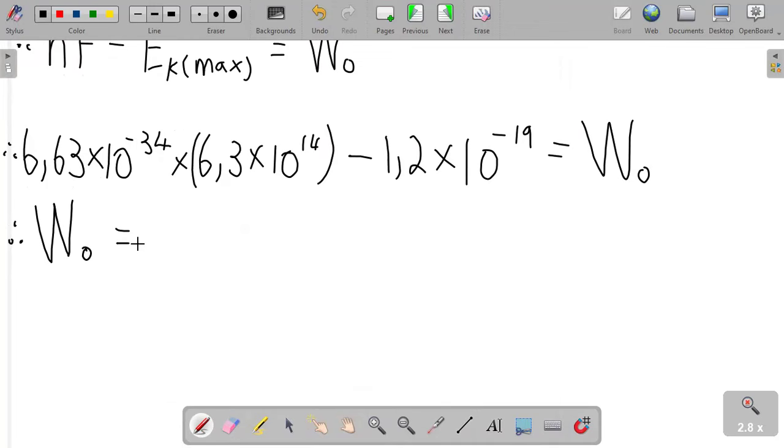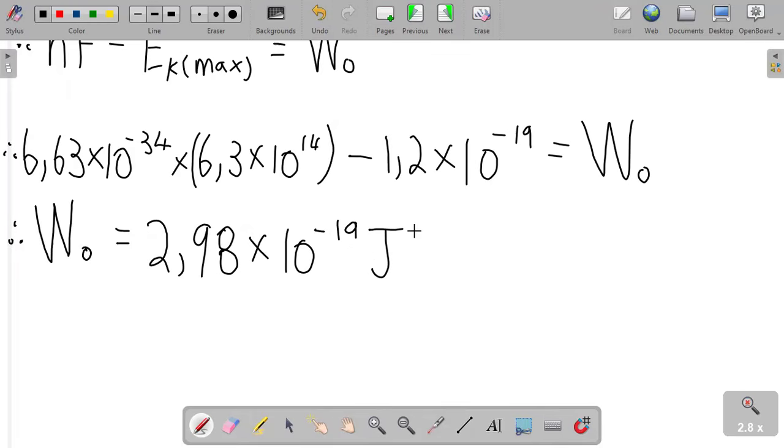And so the work function becomes 2.98. You use a calculator here. You get 2.98 multiplied by 10 to the negative 19 joules. So that's what I get for the work function.